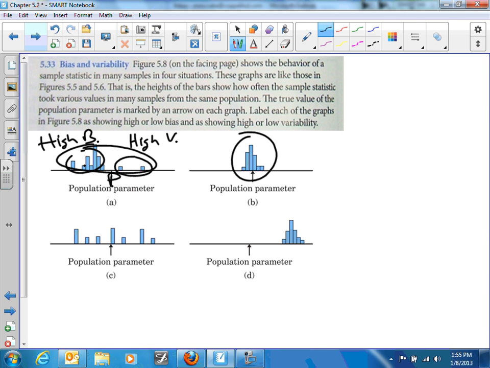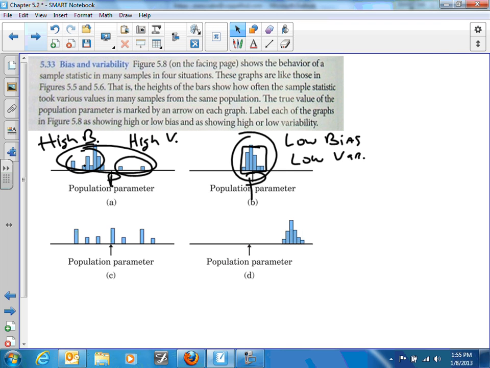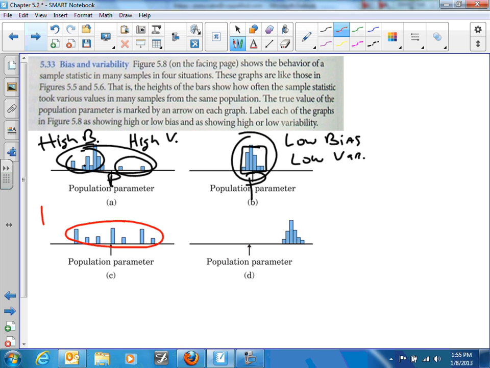This one is the most ideal because it is close to the parameter and it's not very spread out. So that's low bias and low variability. On C, notice it's spread out. So it's high variability.